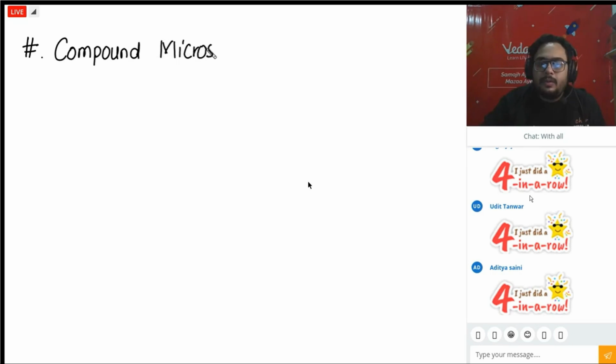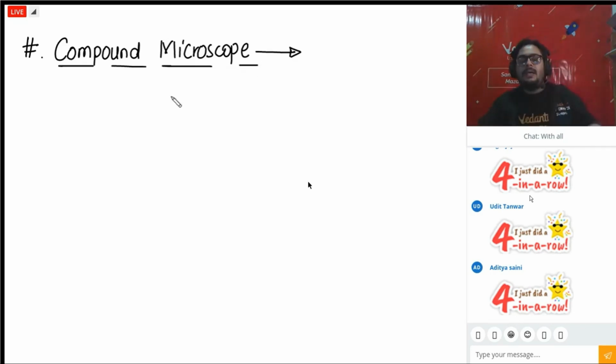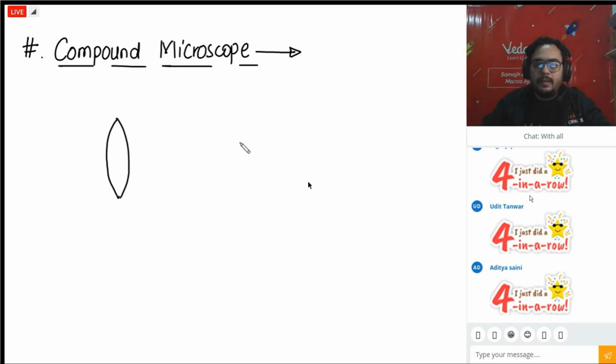Compound microscope. Now this is a microscope that is used to see things which are very, very small. In this case, we take two lenses. In the case of a compound microscope, two lenses are used.